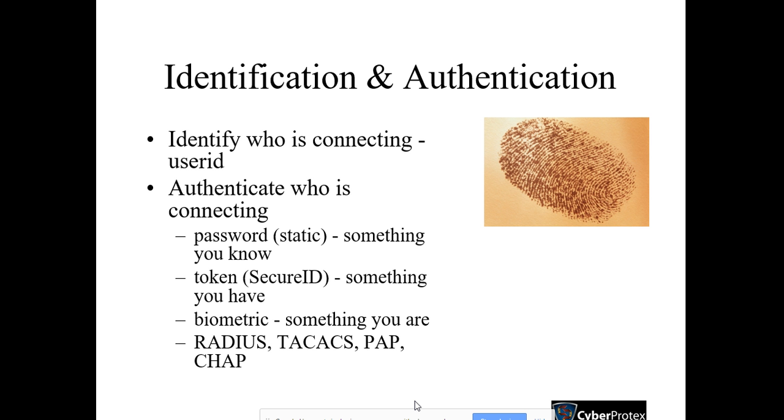One of the answers will be 1. One of the answers will be 2. One of the answers will be 3. So you'll see 4 answers, and you'll say to yourself, okay, user ID is something I know, right? Password is something I know. Okay, so that's 1. Both of those are 1.